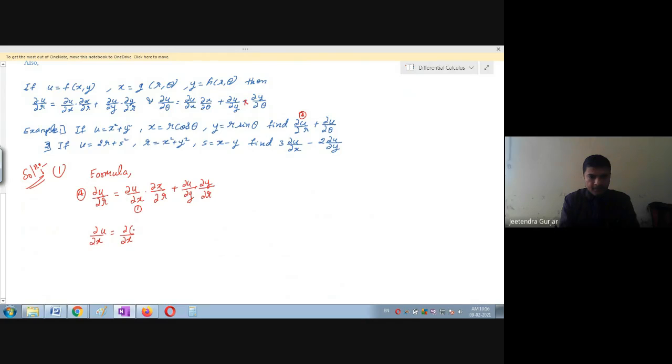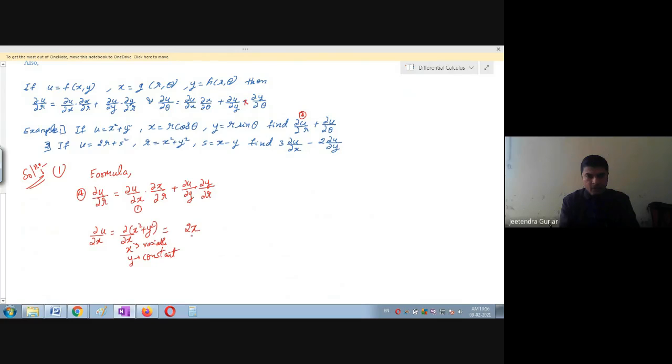They have already given, that is x squared plus y squared. Now differentiate. As you know, in partial differentiation only x is the variable here, and y will become a constant. Please remember this. Then differentiate with respect to x: the normal differentiation of x squared will become 2x. That's it. Is it clear?